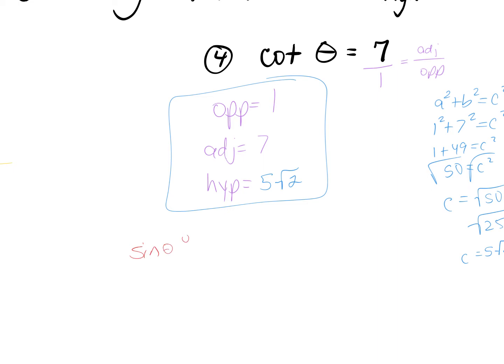Sine of theta is opposite over hypotenuse. What is my opposite side? 1 over the hypotenuse, which is 5 square root of 2. All right, that's a problem. Now, when you rationalize, you do not have to rationalize by the entire denominator. You can rationalize by just the root. If you do the whole thing, that's fine, you just have to simplify more later.